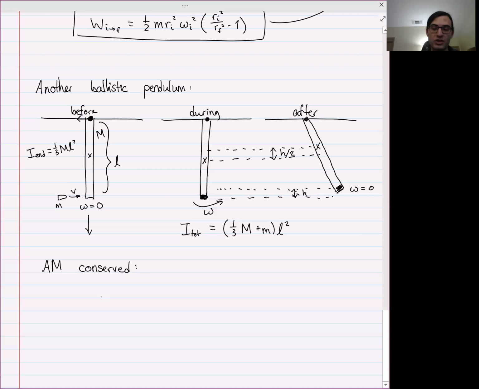Initially, the angular momentum is just m times v times L. Remember, this is the angular momentum of just the bullet before it hits the rod.